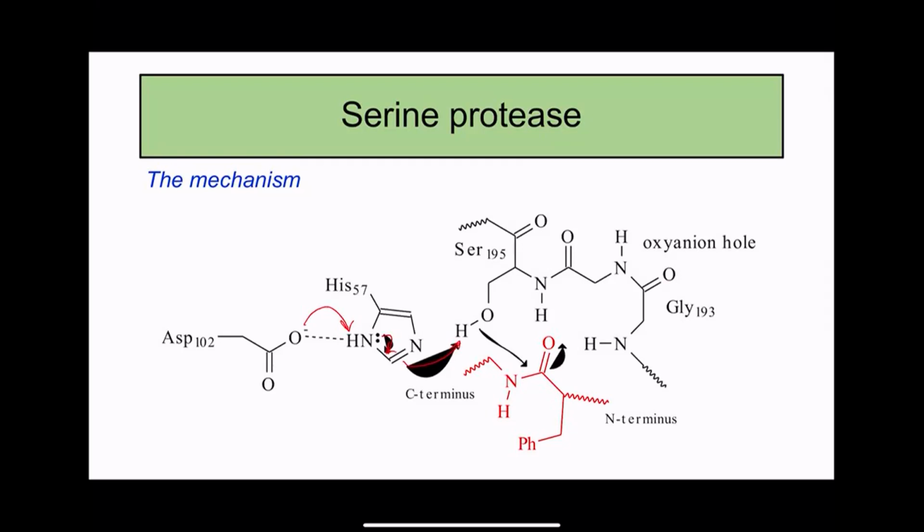And then these electrons will come over to attack that amino acid of interest. And then these electrons will go upwards, and then it forms these hydrogen bonds in the oxyanion hole, and these hydrogen bonds will stabilize the molecule, the intermediate.